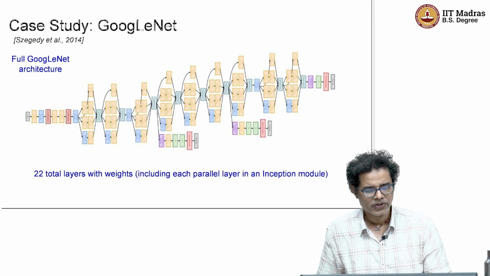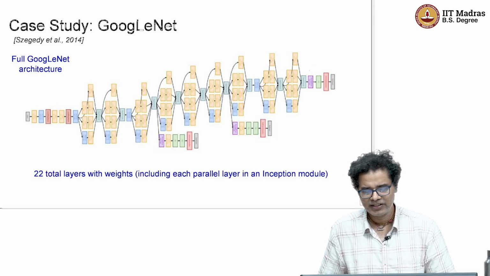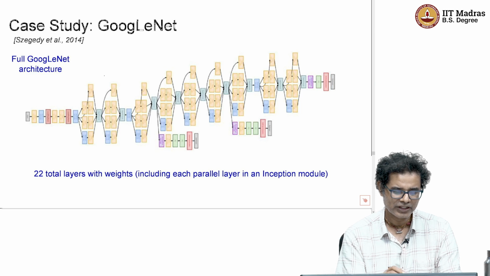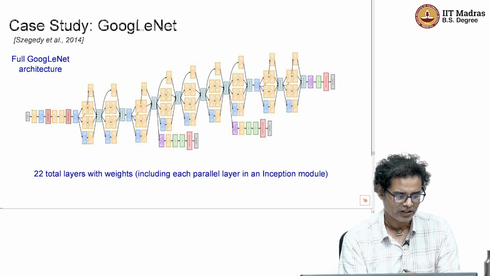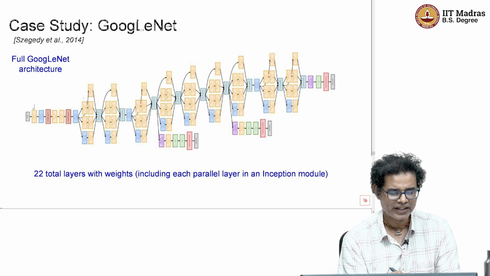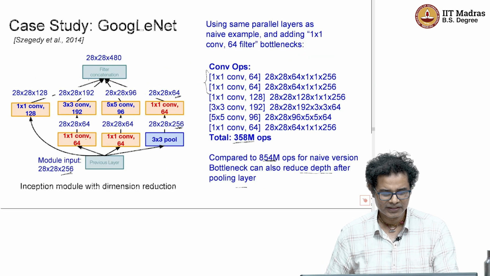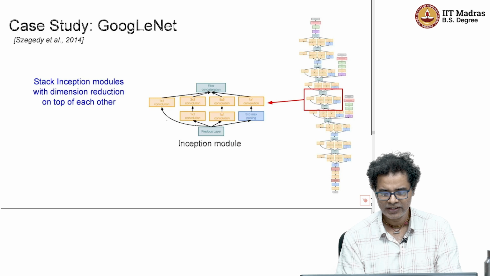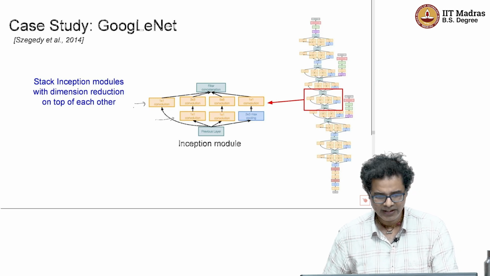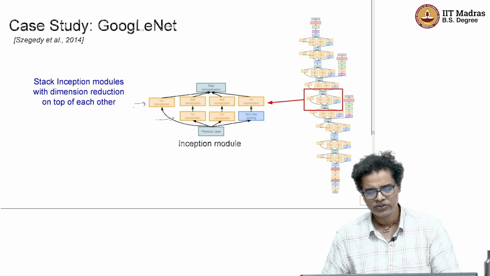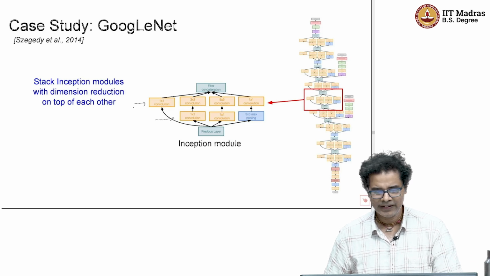Okay. So a total of 22 layers are there, and how do we count? First of all, this is 1, 2, 3. These are the convolution layers. Then each inception module has 2 layers, like if we see before: one is this layer, another is this layer.